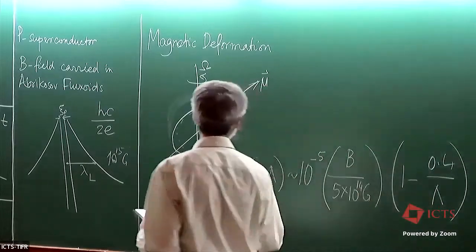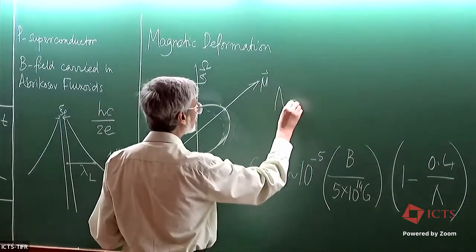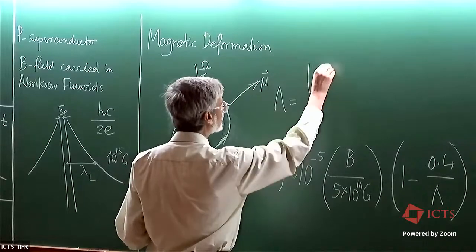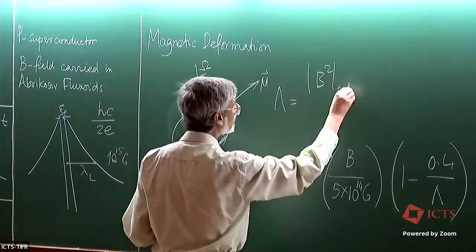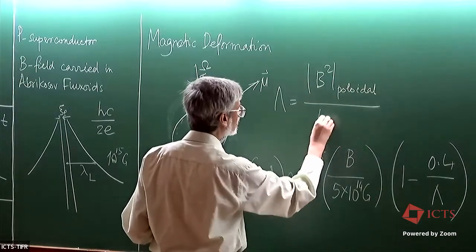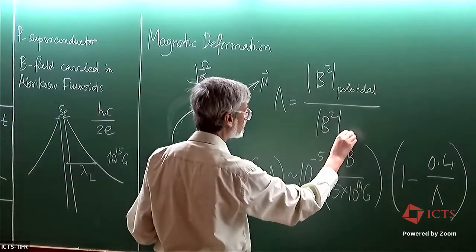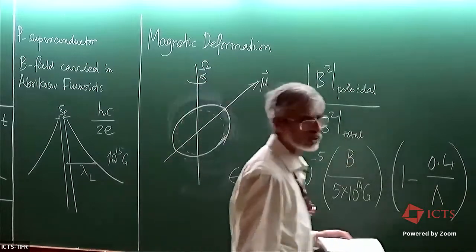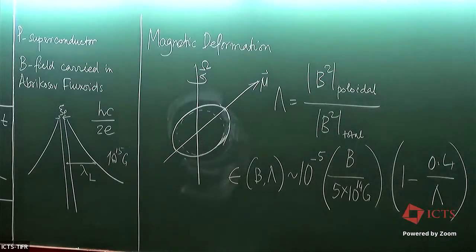But the lambda is the total amount of energy in the poloidal component as opposed to the net total energy.